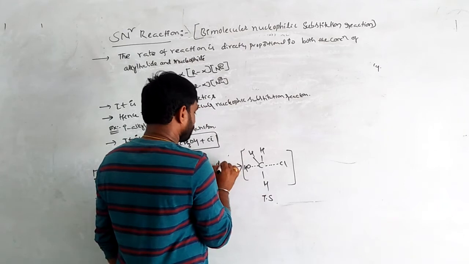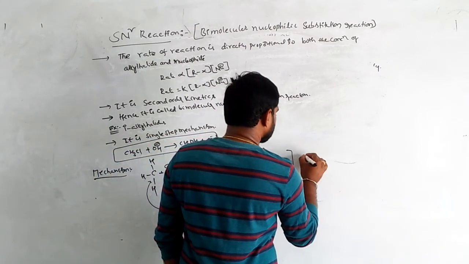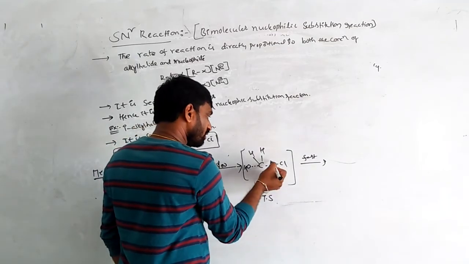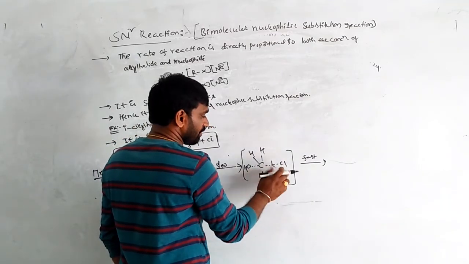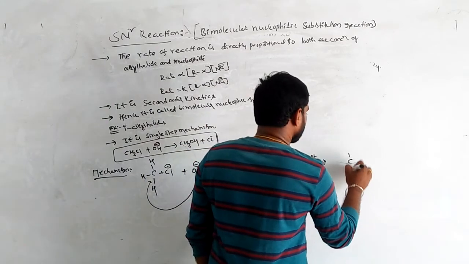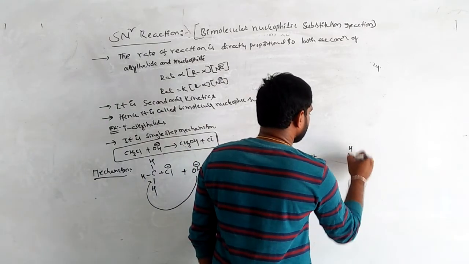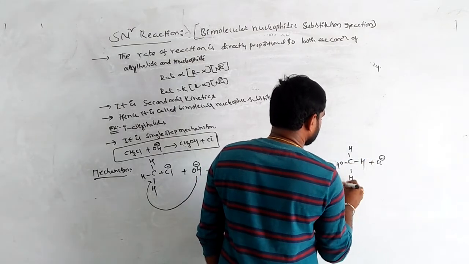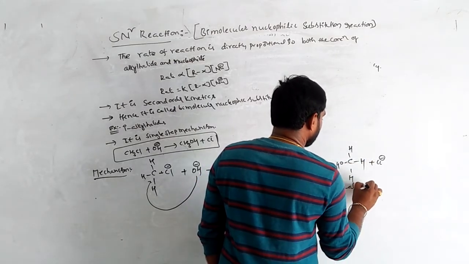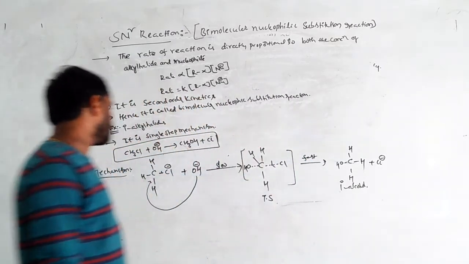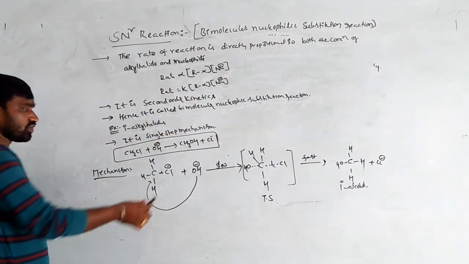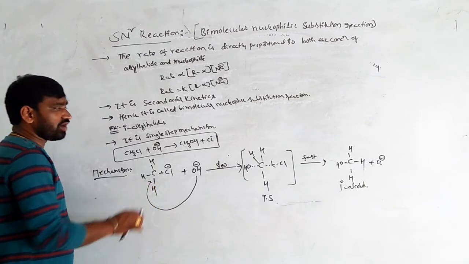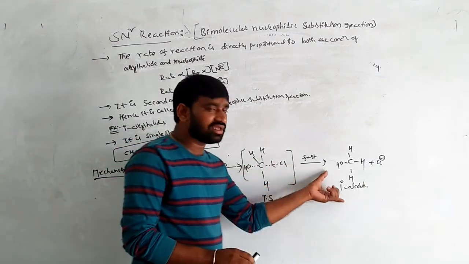This is the slow step, and the next step is the fast step. The bond between carbon and Cl breaks, then alcohol CH3OH and Cl minus are formed. Which alcohol is this, students? Primary alcohol. Understand? So in this mechanism, the nucleophile attaches to carbon on the backside to form primary alcohol.